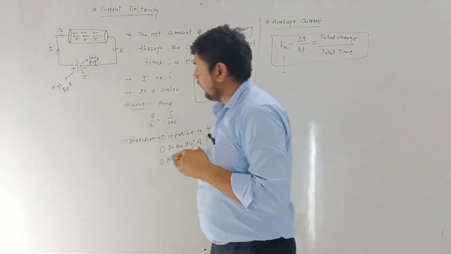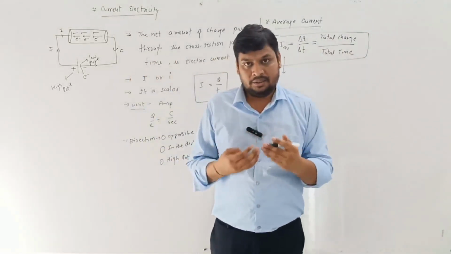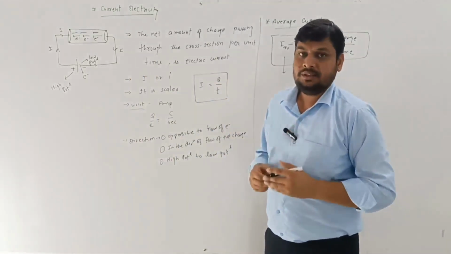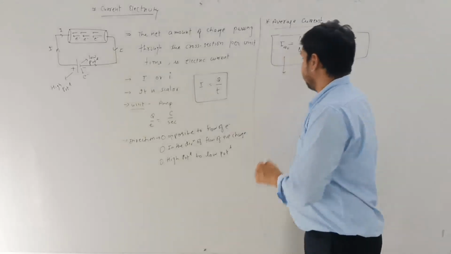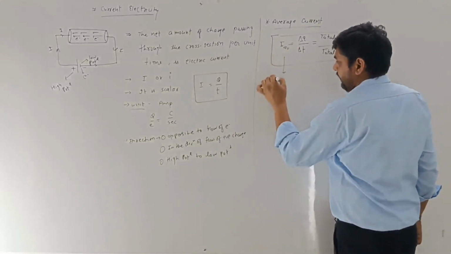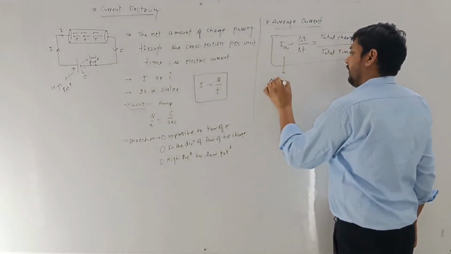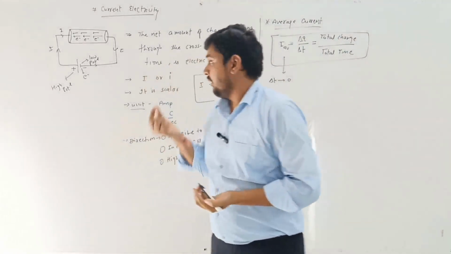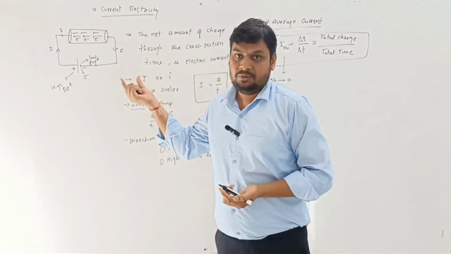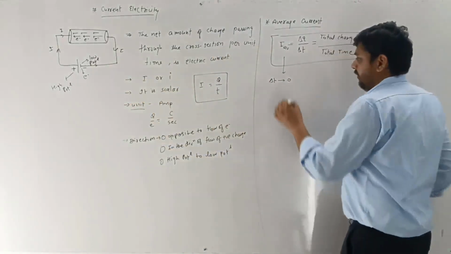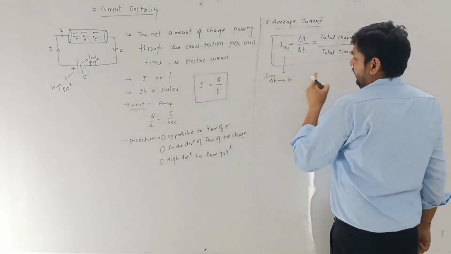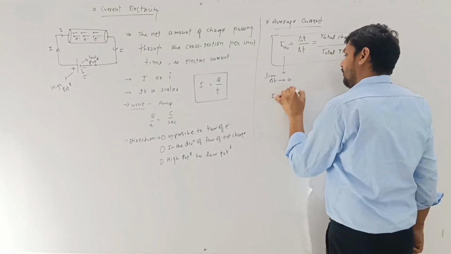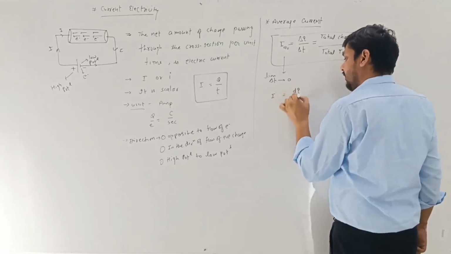But if we find the value of current at any instant, then the current is known as instantaneous current. If delta t tends to 0, meaning the time interval tends to 0, for the instant at which we want to calculate the current, then in the limit delta t tends to 0, delta becomes d, and I is equal to dq upon dt.